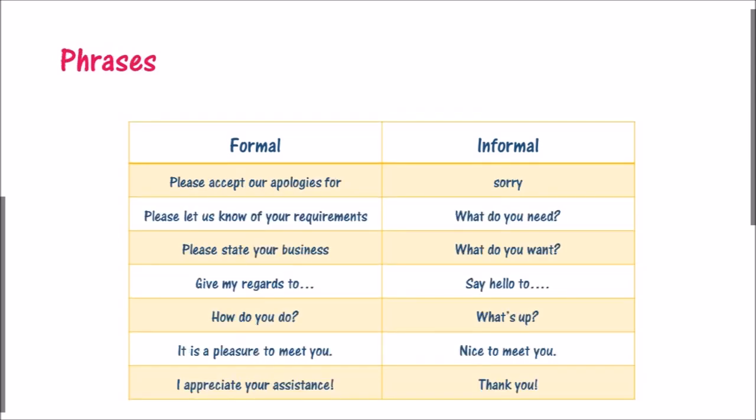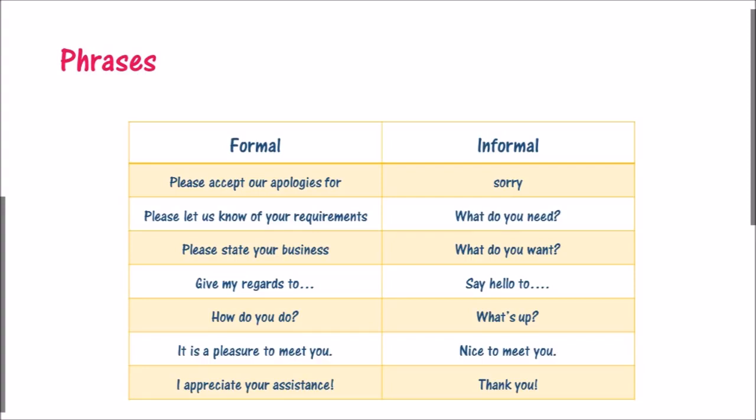There are various phrases that are relatively more informal, and to use formal language we need to use another, better expression. For example, in place of sorry, we can say, please accept our apologies for. At the same time, in informal language, we use what do you need. Here, to achieve formality in the language, we can say, please let us know of your requirements.